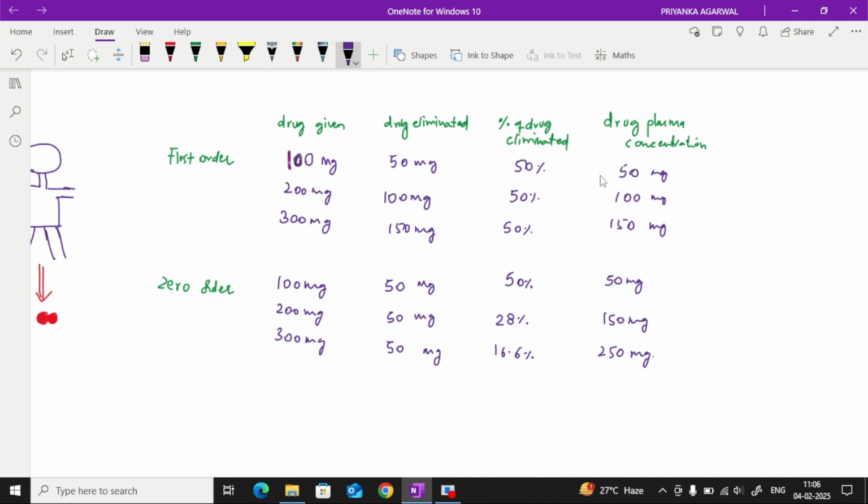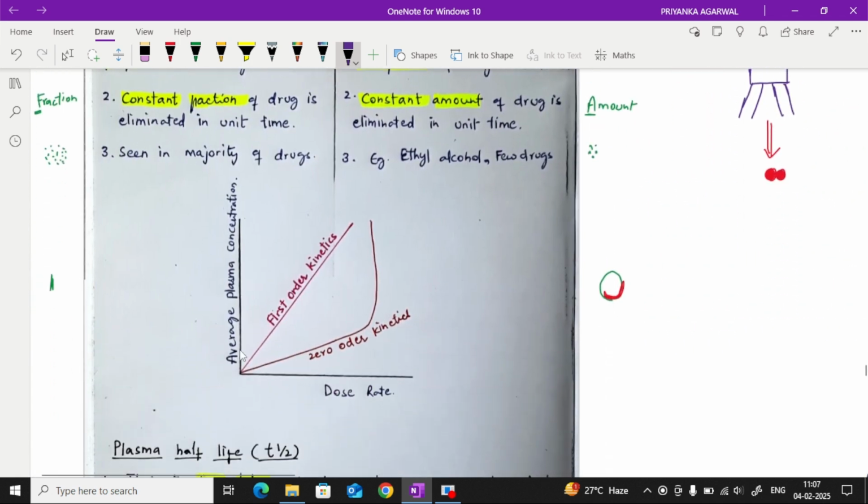If you calculate with the same calculations for all of these, you will observe that in first order kinetics there is a constant increase in drug plasma concentration, whereas in zero order kinetics the drug plasma concentration is increasing more. That is the reason we get a straight line in first order kinetics and an upward curve in zero order kinetics.